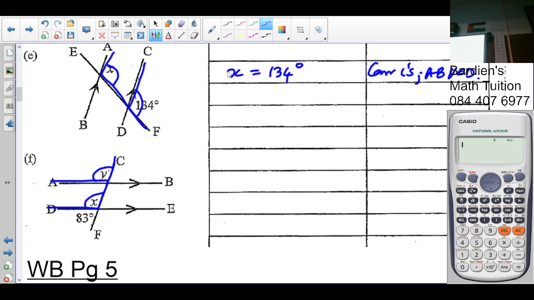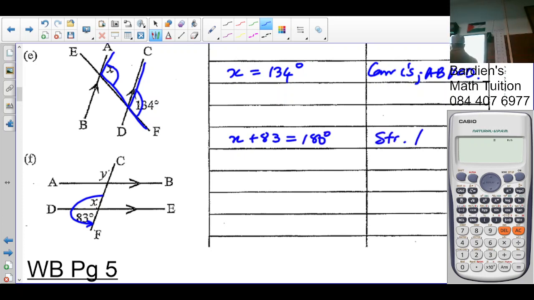Calculate x first. So how are you going to calculate x? X plus 83. So x plus 83 equals 180. Why? Angles on a straight line. So x is equal to 180 minus 83, which is 97. Okay, so I write 97.